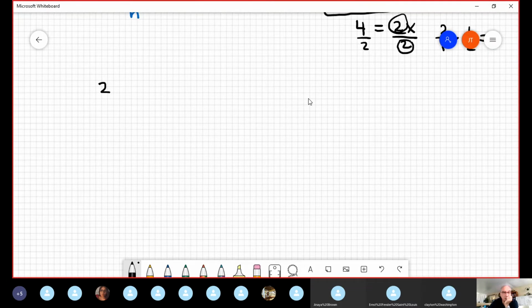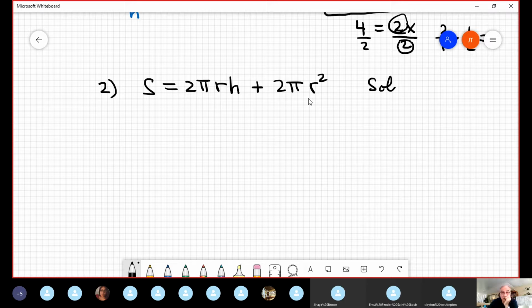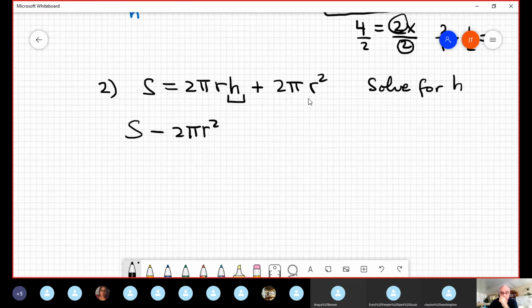Okay, the second example is capital S equals 2 pi r h plus 2 pi r squared. I need to do something in order to solve for h. This is my variable of interest, and the rest is considered like a constant. If this is a constant, you subtract it. Then S minus 2 pi r squared equals 2 pi rh.